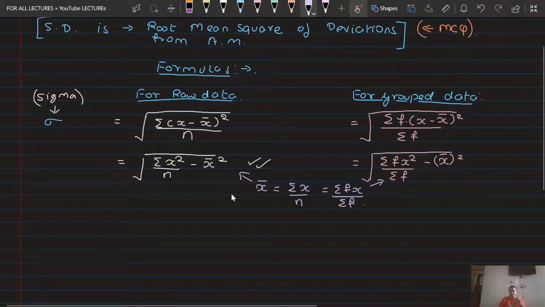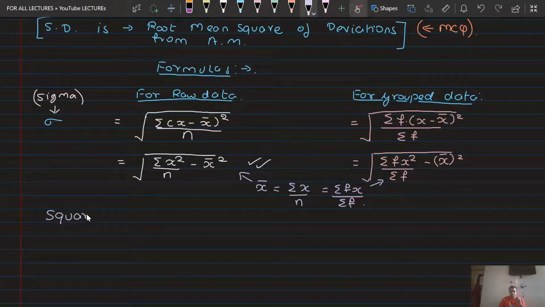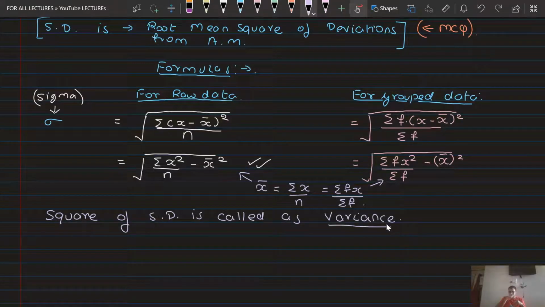Now the second part, as we have written, depends on the variance. So what is variance? Square of standard deviation is called variance. So variance is denoted as sigma square.